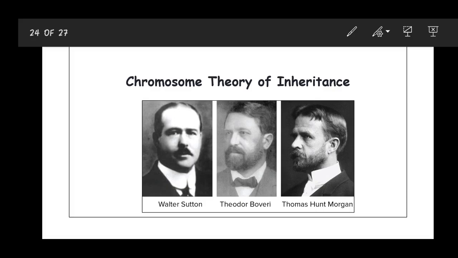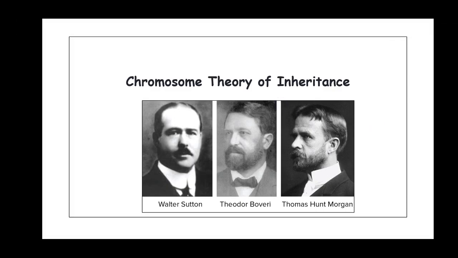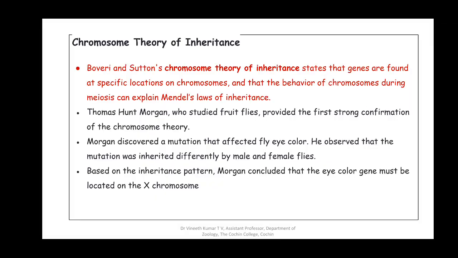The important point in the chromosome theory of inheritance is that genes are found at specific locations on the chromosomes, and that the behavior of chromosomes during meiosis can explain Mendel's laws of inheritance. In the same pattern, Thomas Hunt Morgan, who studied fruit flies, provided the first strong confirmation of the chromosome theory.